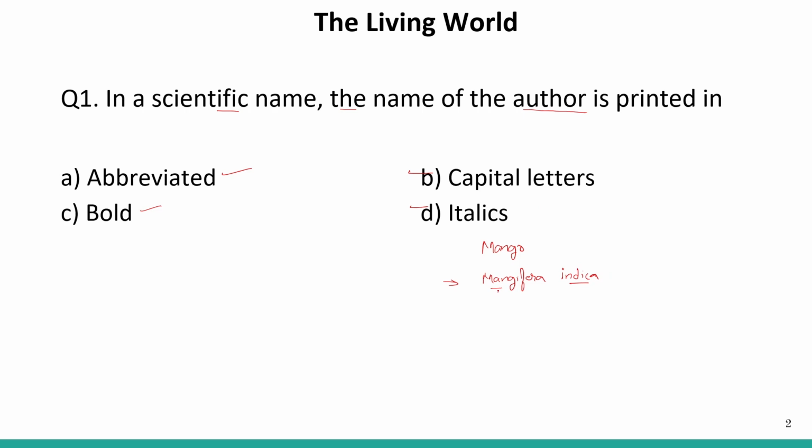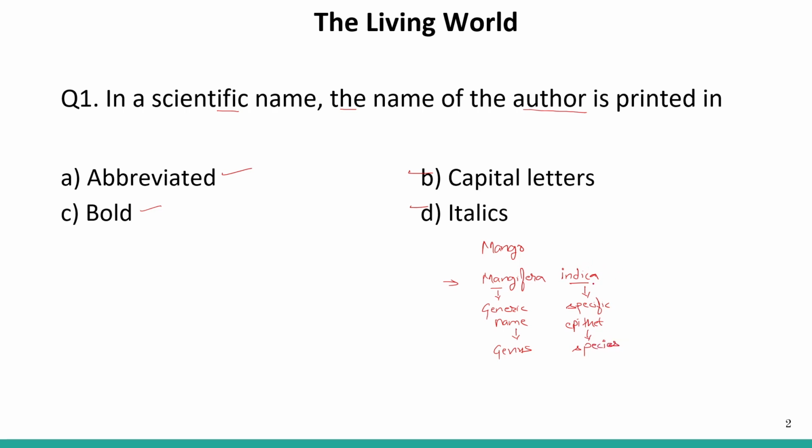So this one is the generic name, and it denotes the genus. And indica is the specific epithet, and it denotes the species.